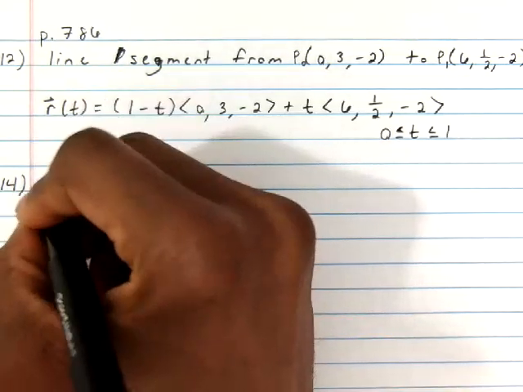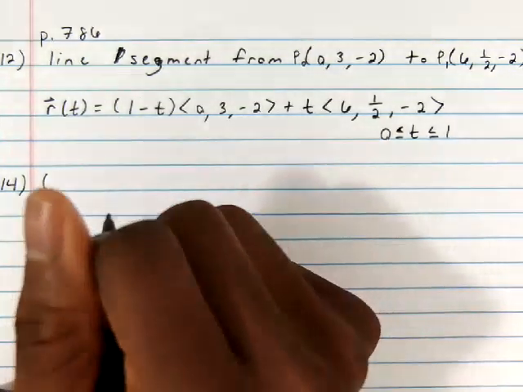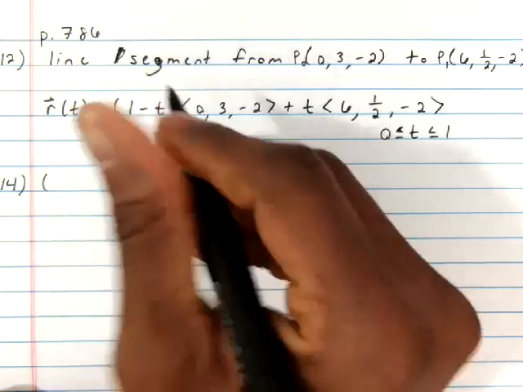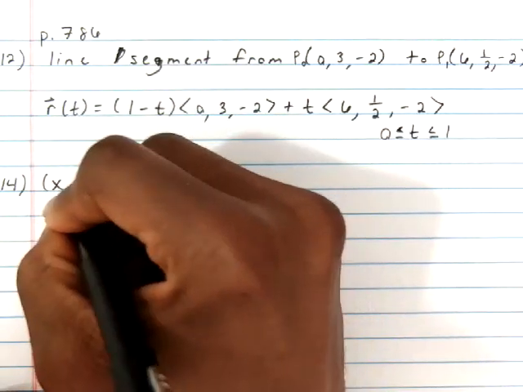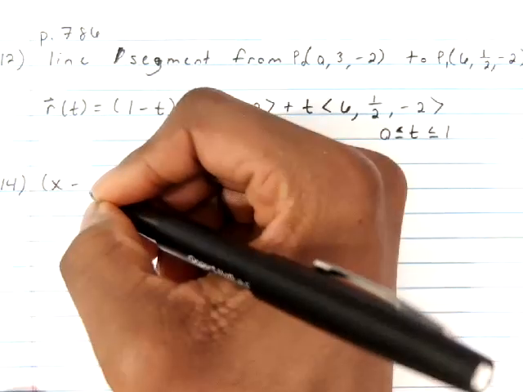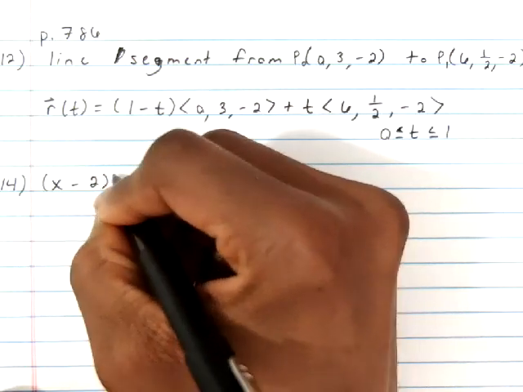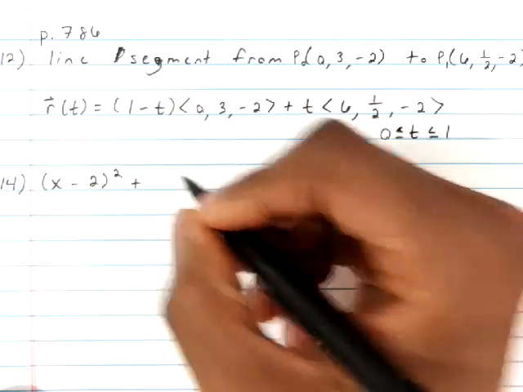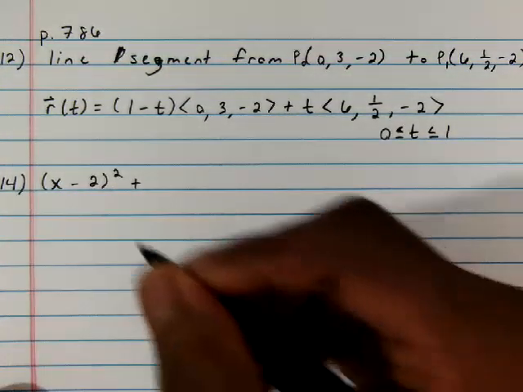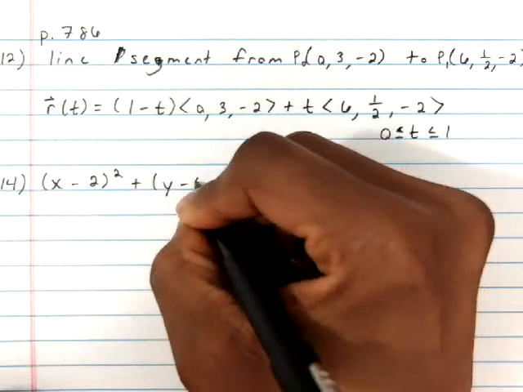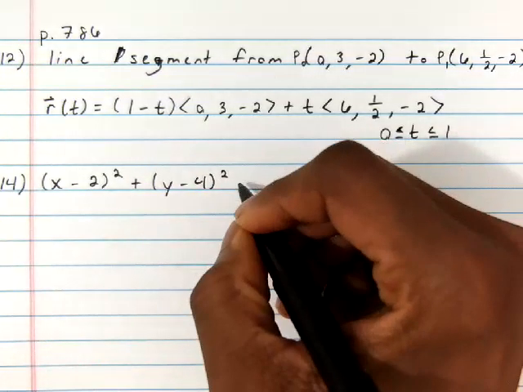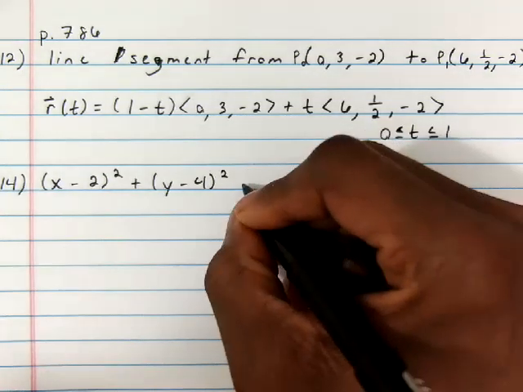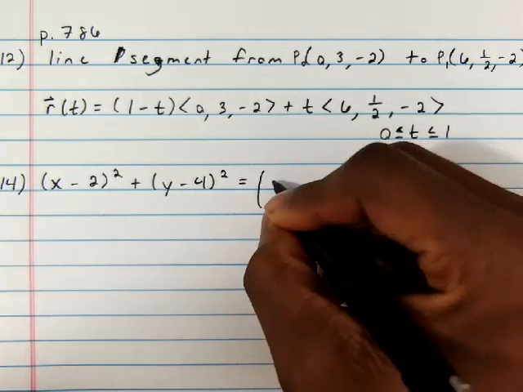And we're stuck in the plane z = -1. So our z value is not going to vary at all. So (x - 2) quantity squared plus (y - 4) quantity squared, and we're not going to have a z on here because we're not talking about a sphere, we're talking about a circle, equals our radius squared.